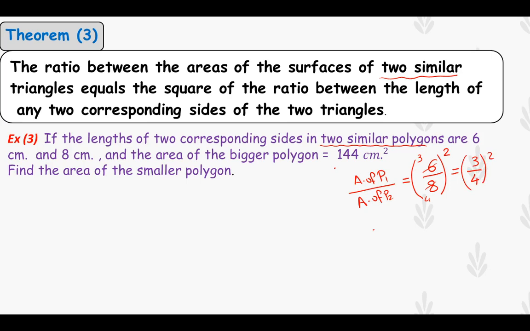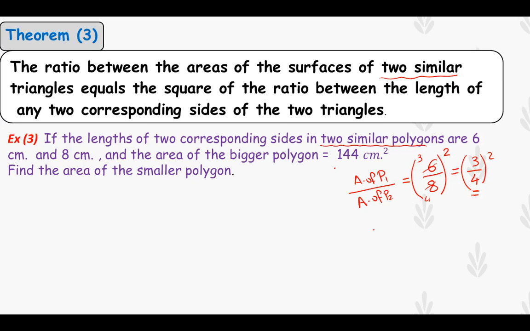And he tells us the area of the bigger polygon is 144. So how can I know which is the bigger polygon? The area of the bigger polygon corresponds to the larger side.